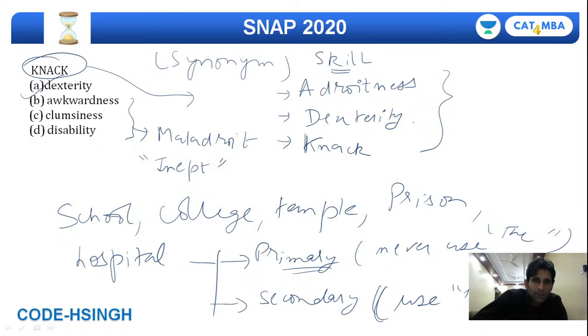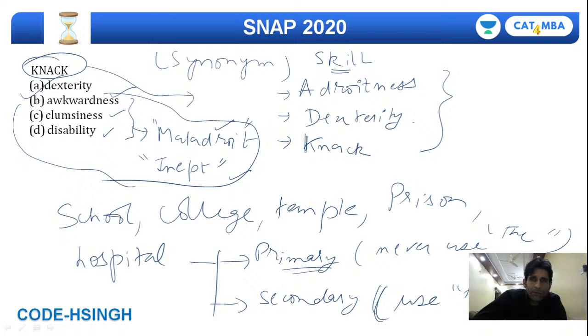Okay, obviously these words talk about the idea of lack of skill. So when I say awkwardness, clumsiness, disability, maladroit, inept, okay, so they all talk about lack of skill. So in this case, these words like awkwardness, clumsiness, and disability, etc. Okay, they are all antonyms, and the synonym is dexterity. Okay, which is basically the synonym for skill.